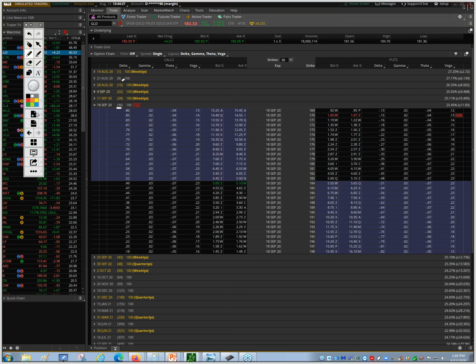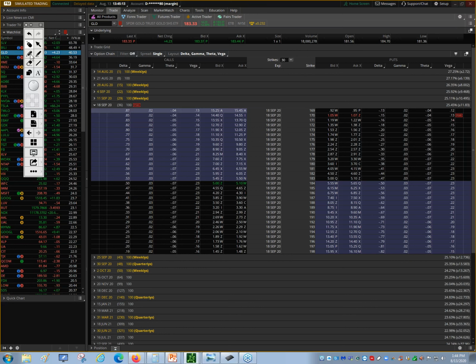I like to give myself at least a little room to be right. So what we want to do is, on a stock that is greater than $100, doesn't matter what it is, we move the decimal 3 ticks.